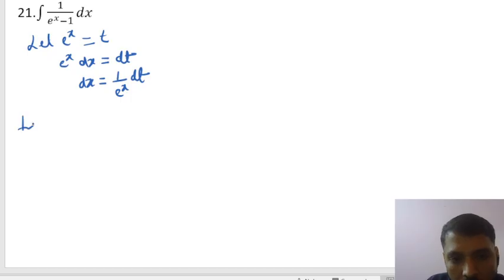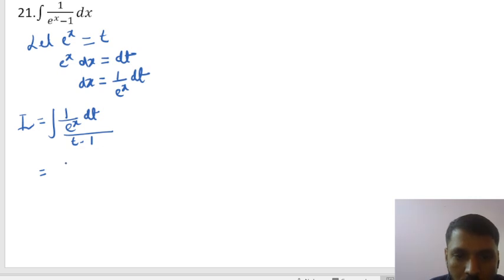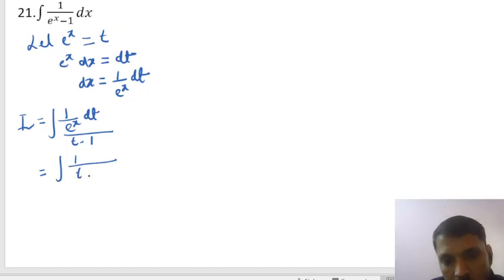So this I will become equal to 1 by e to the power x into dt, divided by, because we have considered this t, t minus 1. As we know that e to the power x is equal to t, we can replace it with t, and here it is t minus 1, into dt.